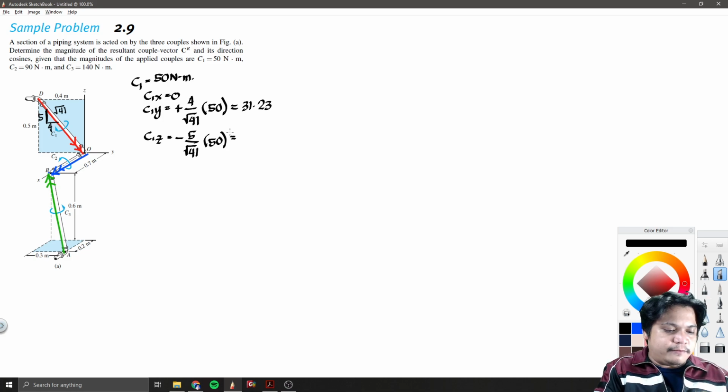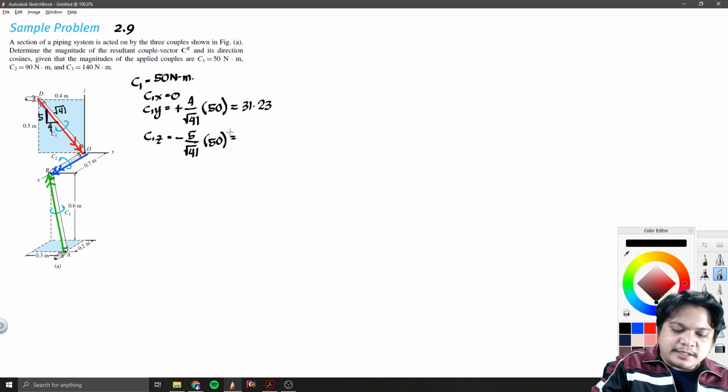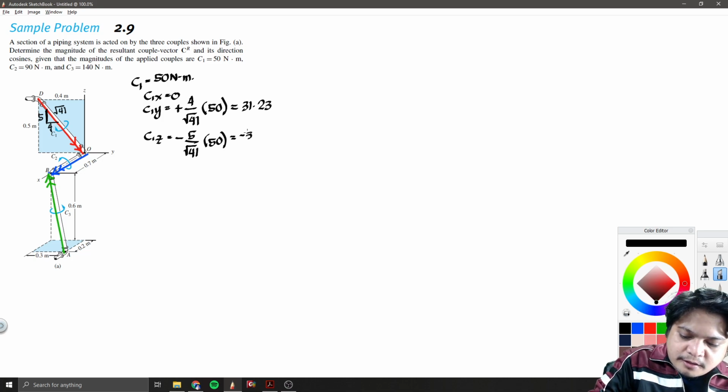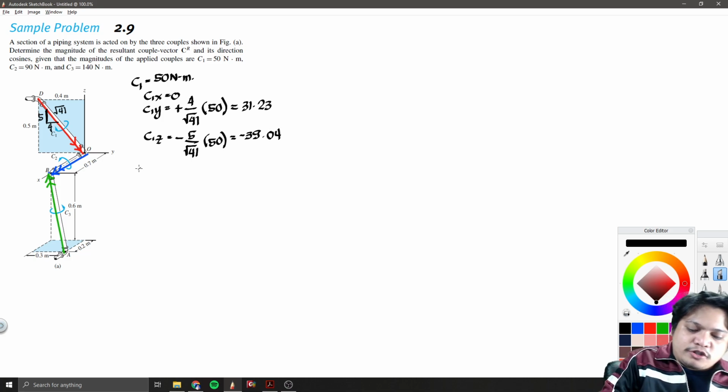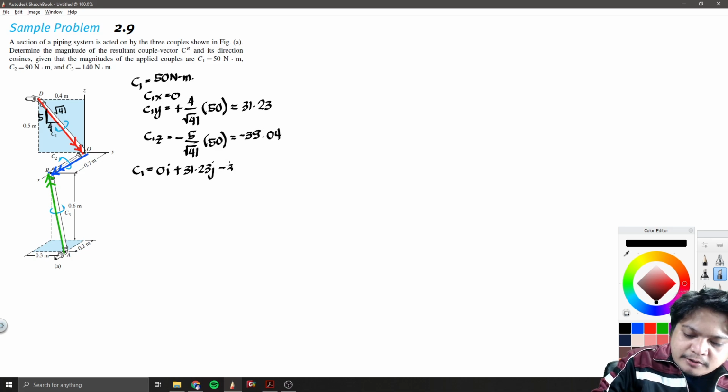So, negative 5 multiplied by 50 all over square root of 41. So, that's negative 39.04. Okay? So, yung C1 ko, that would be 0I plus 31.23 of J minus 39.04 of K.